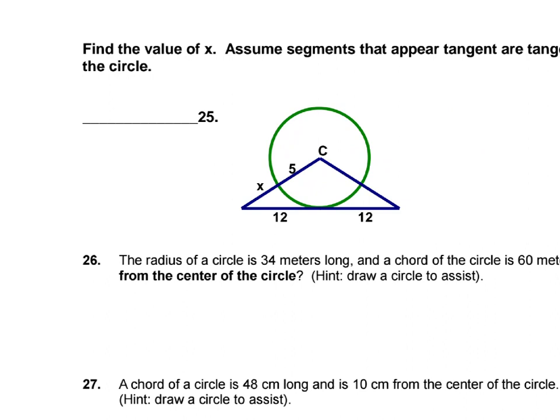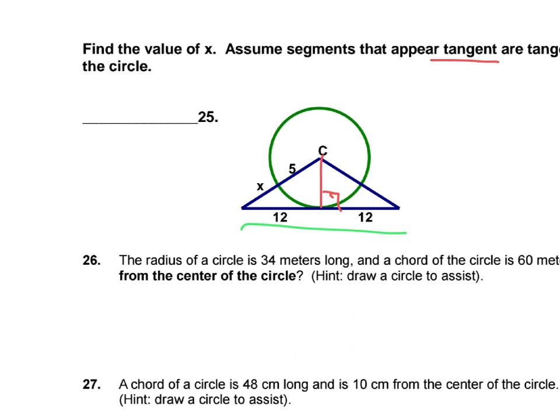I think on the review, the ones I have circled are your test. The key to this is recognizing you have a tangent, because segments that appear tangent are tangent. You had to use the tangent theorem that states that a radius is always perpendicular to a tangent.